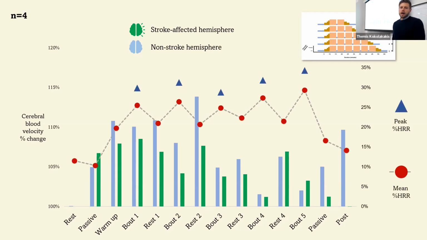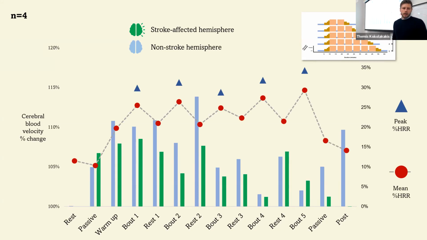And these are the heart rate values. The red represents the mean heart rate. Although we've got a relatively stable heart rate during the exercise bouts, there's a dissociation around between the second and third bout. So what does this mean?